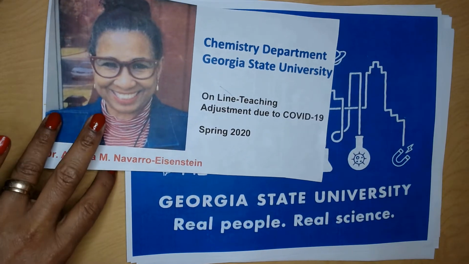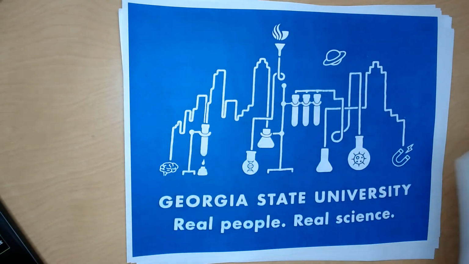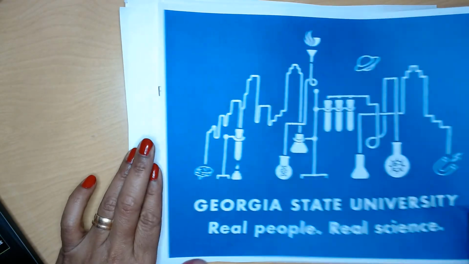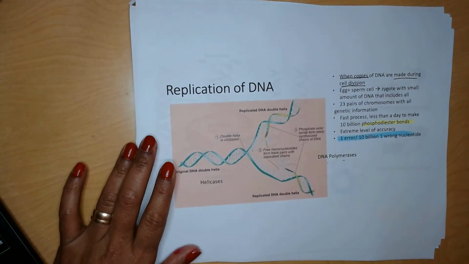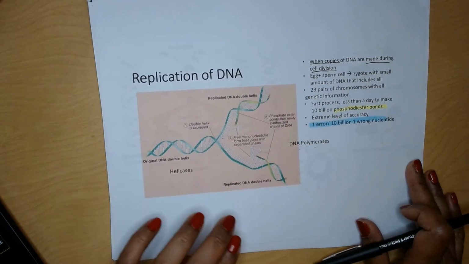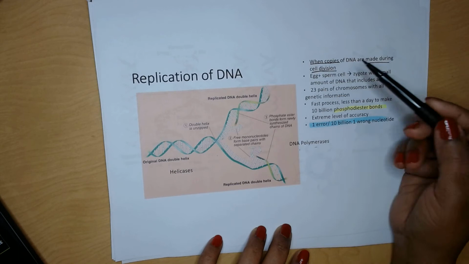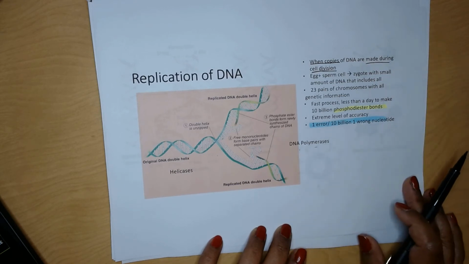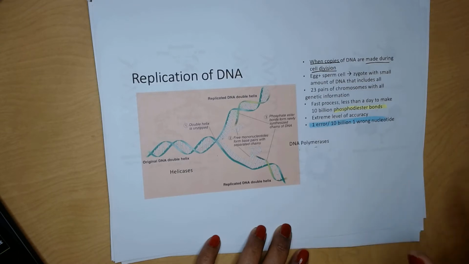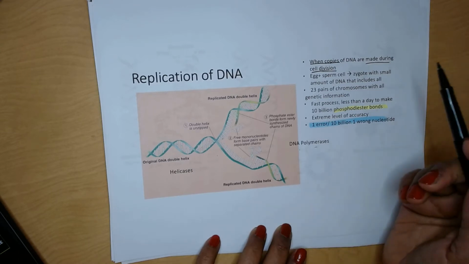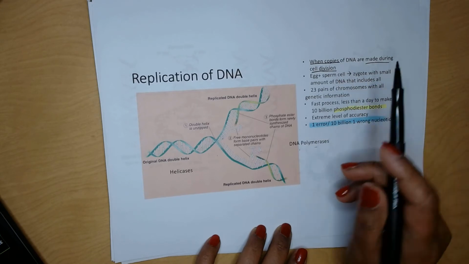We are going to continue with the discussion of replication of the molecule of DNA. When we look at the molecule of DNA, we can make copies of it when we have many assemblies of different enzymes that work together to make an identical copy before we can have a cell division.